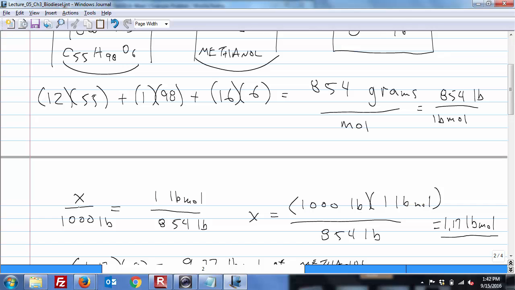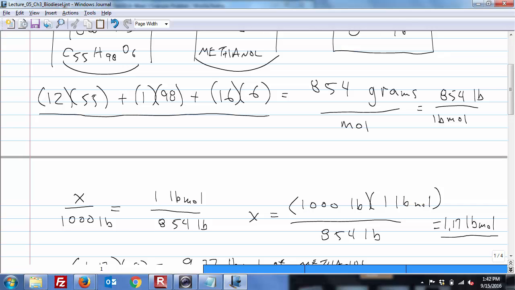So there are X pound moles in 1,000 pounds, and we just, one equation, one unknown, there's 1 pound mole in 854 pounds. We just did that straight from the stoichiometry. Solved for that, and we realized in this 1,000 pounds, there are 1.17 pound moles.